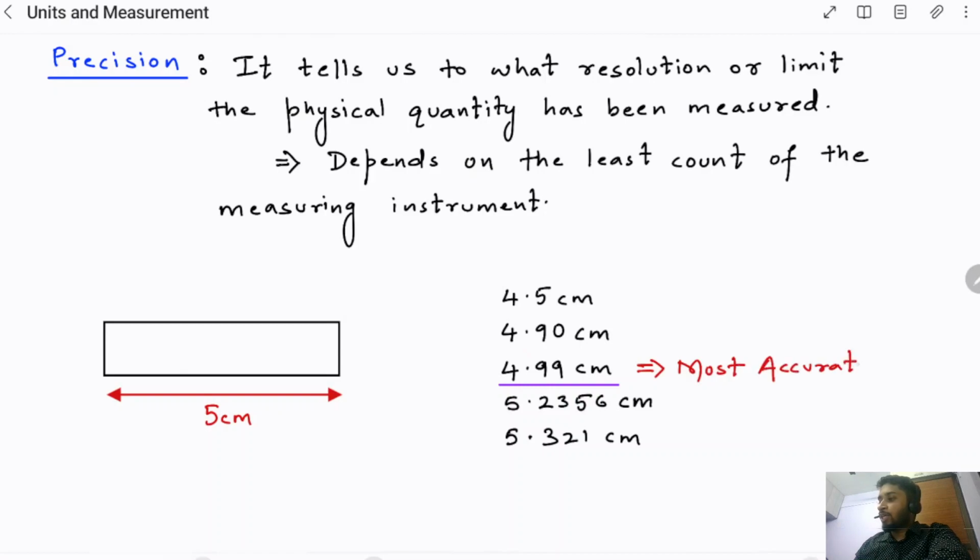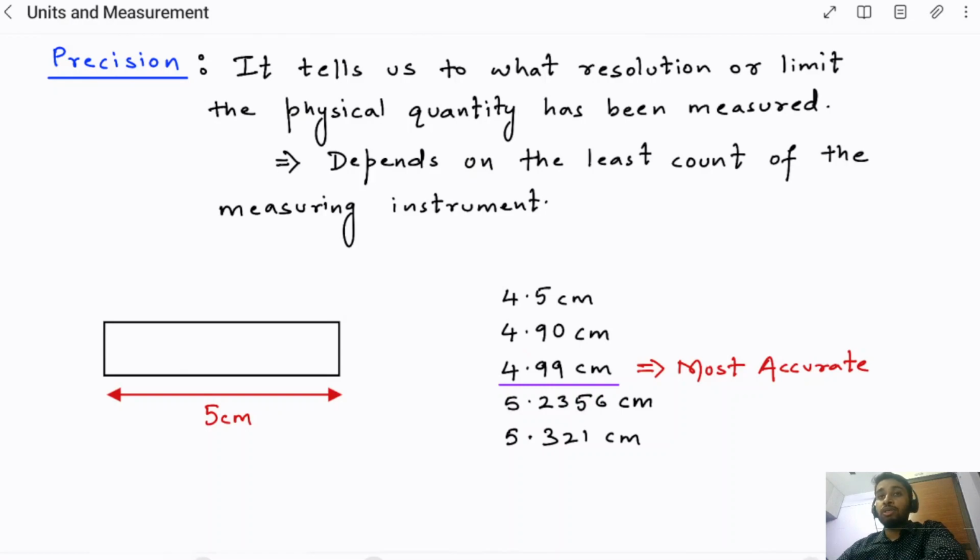Why? We can see that this value is closest to the true value. If I compare it with the other measured values, 4.99 is closest to 5 centimeter. So that makes it the most accurate measurement.